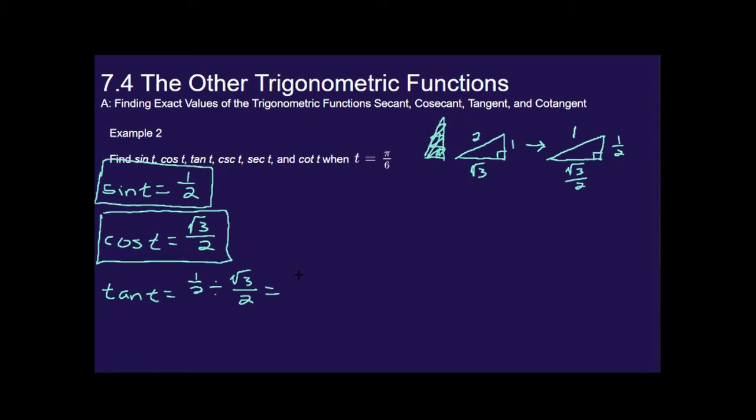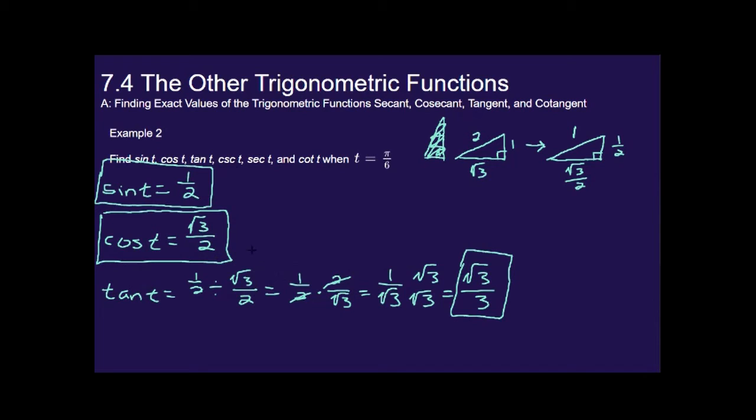I'll rewrite that as multiplication. 1/2 times 2 over the square root of 3. Can cancel those out, and I get 1 over the square root of 3, but I need to rationalize that denominator. Square root of 3, square root of 3, and I get square root of 3 over 3 as the tangent of pi over 6.